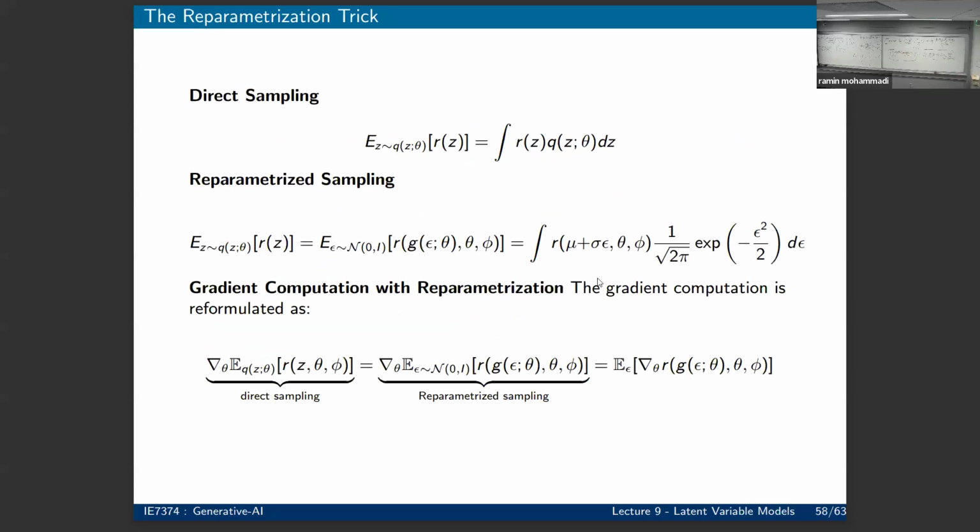Now, if we continue with the same thing, this is just a comparison for you. On top, we have direct sampling. In direct sampling, look at the challenge that we had for calculating R of Z. What was R of Z? It was this minus this.